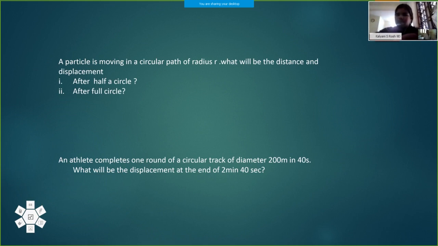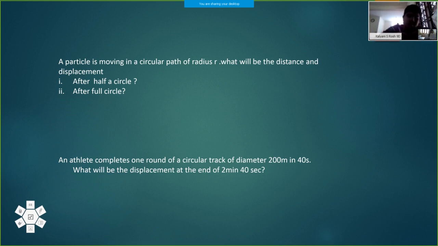That is the displacement. So note it down. Next is, a particle is moving in a circular path. So here we are going to discuss circular motion, circular path of radius r. It has a radius, and what is the distance and displacement? Two questions are here. After half a circle, then after full circle.